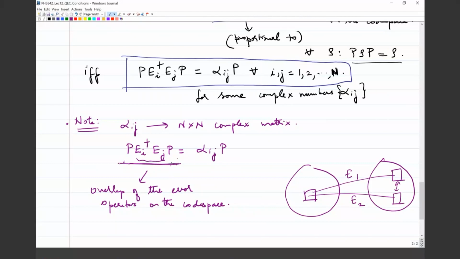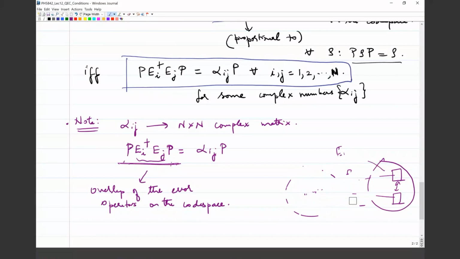It is capturing this overlap between two error operators when you restrict your attention to the code space. That's what these two projectors on either side are doing. They're saying you simply focus on the code space. I don't care about what's happening to some state under E_1. It may go somewhere. I care about what happens to states inside the code space. So look at the overlap between two error operators, restricting your attention to the code space. That's what's on the left hand side.